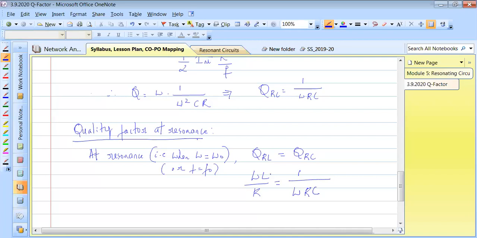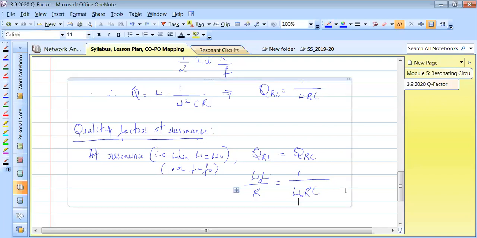But what we should remember here is that this omega has to be written as omega naught, because it's the frequency that we're considering at resonance. So frequency at resonance is denoted as omega naught or f naught in hertz. Understand this?